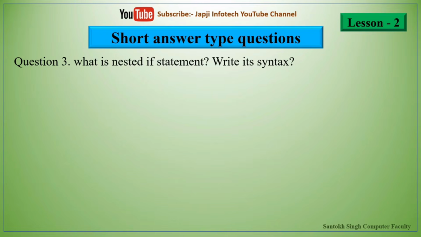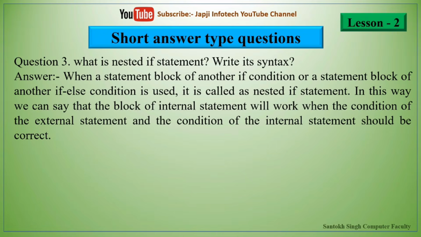So third question is, what is nested if statement? Write its syntax. When a statement block of another if condition or a statement block of another if else condition is used, it is called a nested if statement. In this way, the block of internal statements will work only when the condition of the external statement and the condition of the internal statement are both correct.